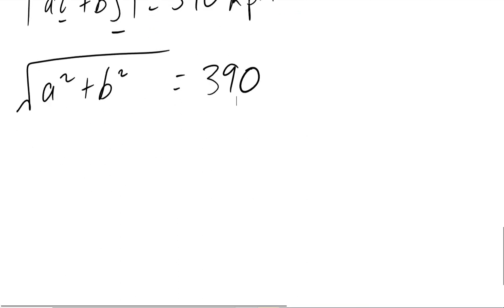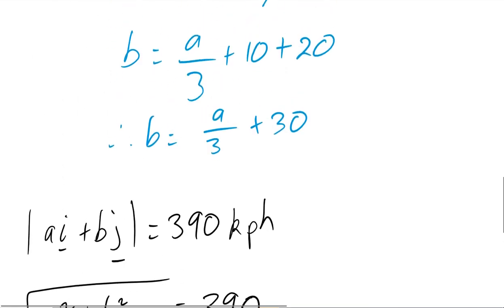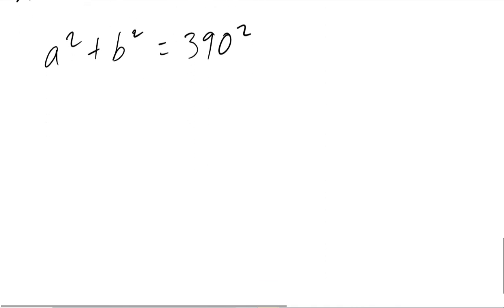So solving from that, that means that if I square both sides, A squared plus B squared equals 390 squared. Now what I've actually done here is I've gone back and I've substituted in. So I know that from this bit here, B is A on 3 plus 30, and I've just substituted that into here.